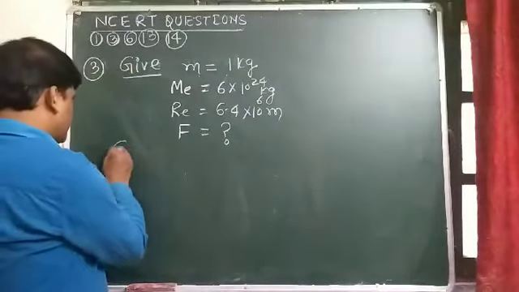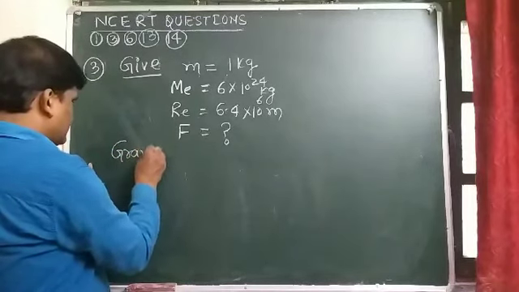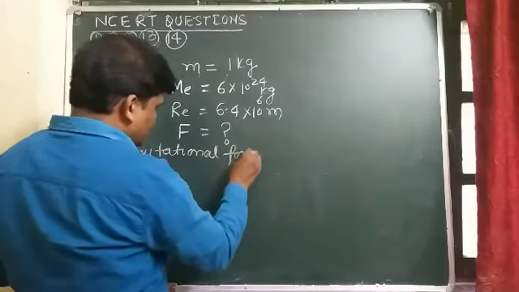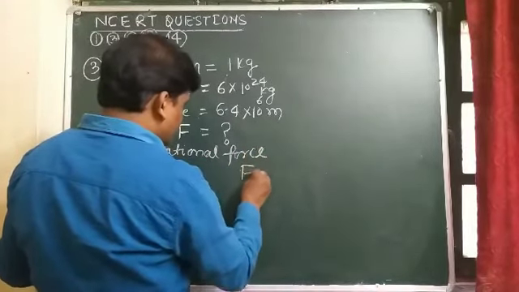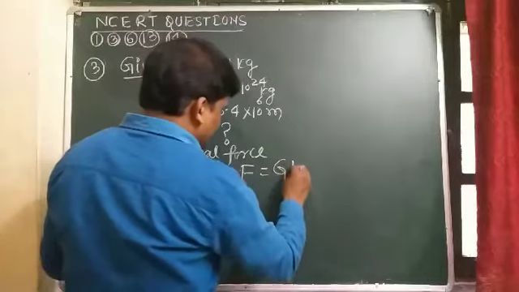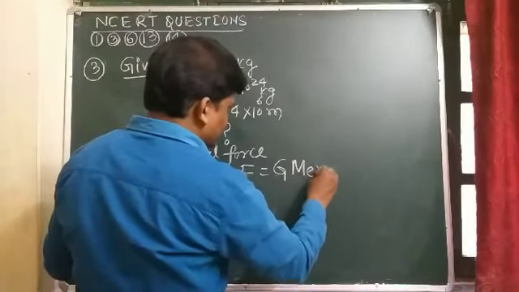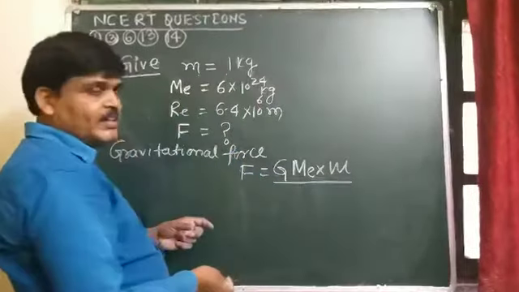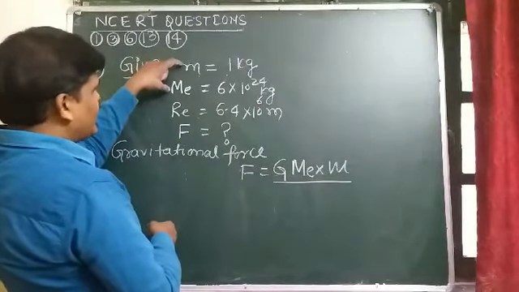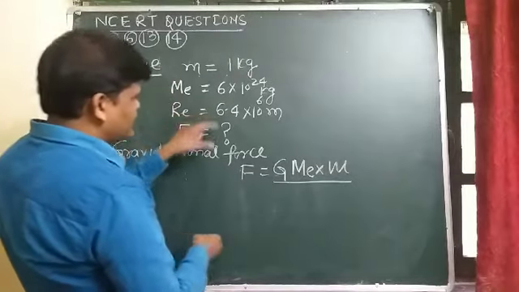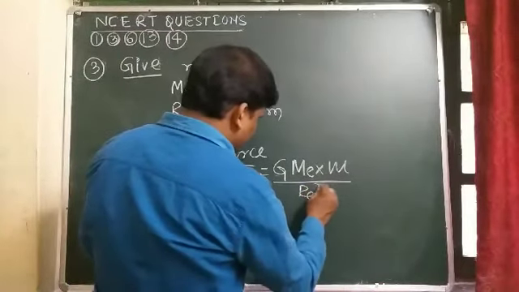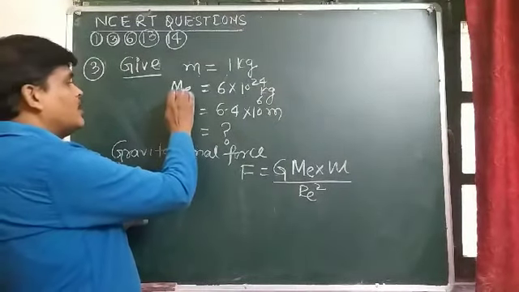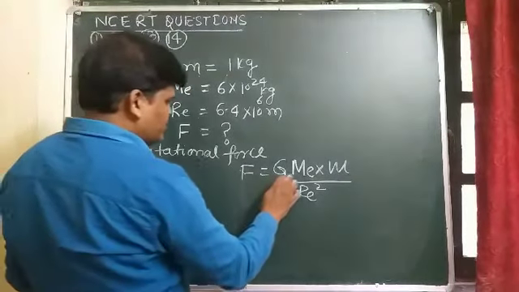So the gravitational force F can be written as G, mass of Earth, second object mass m, and the distance between the object and the Earth, that is Re square. So the formula for gravitational force exerted by Earth on the object is F equal to G Me m by Re square.